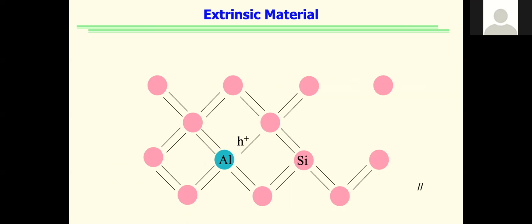Group 5. Group 5 has one extra electron. Oh, so group 3. Group 3, yeah. So group 3 is one which is one electron short, which means it is bringing an empty space. It's bringing a hole to the party. We call this an acceptor because it has an empty space.